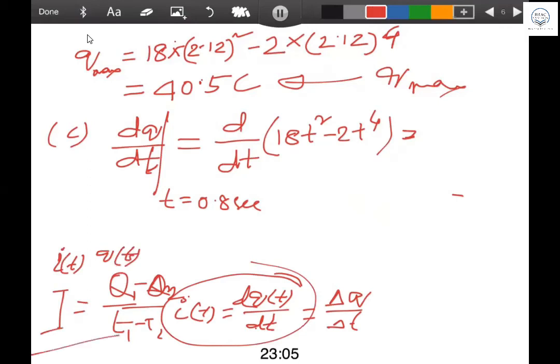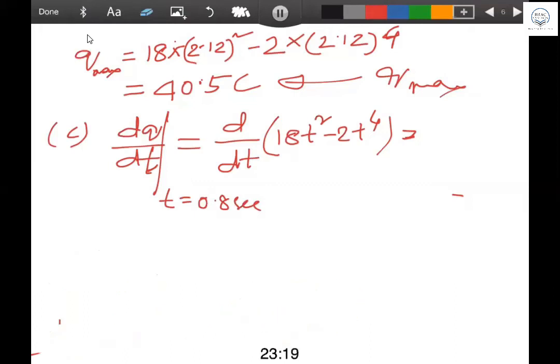Last class we saw the static case. The time varying case we represent with a function of time. So dq by dt was giving you the current, which is i(t), and that is why we write here i at time t equal to 0.8 seconds.